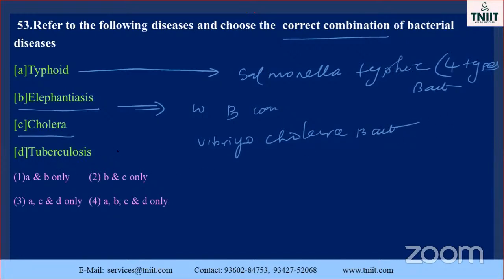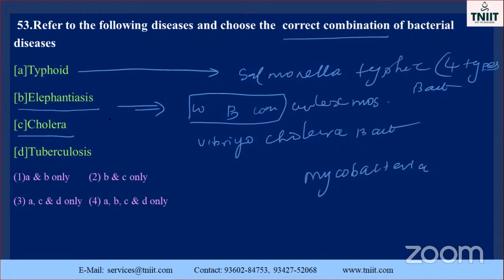And then tuberculosis, Mycobacterium tuberculosis, bacteria. Okay. Which one is the exception here? Elephantiasis is caused by Wuchereria, which is nothing but one of the worms, particularly spread by Culex mosquito.